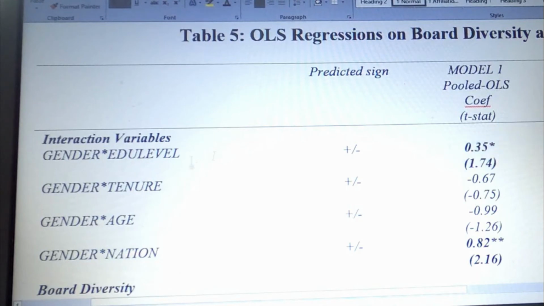So when there is a positive relationship between gender and edu level, we assume that both of them have a complementary relationship. But in the case we find a negative relationship, it means that they are substitutive of each other. As you can see here, for gender and edu level, this is a complementary relationship, while this negative finding means this is a substitutive relationship.